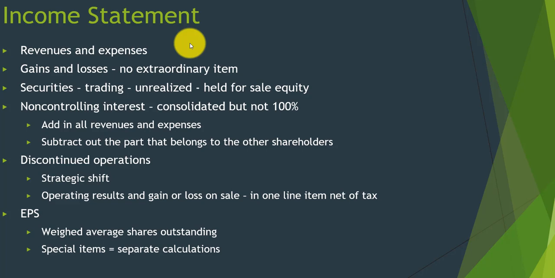So if you look at net income of a company, the net income is everything that the company earned. The net income attributable to our shareholders is everything it earned minus the small part that is owned by the minority shareholders in that subsidiary.